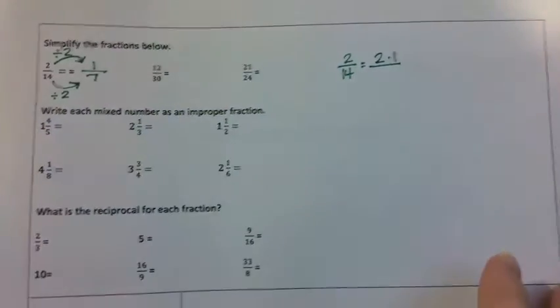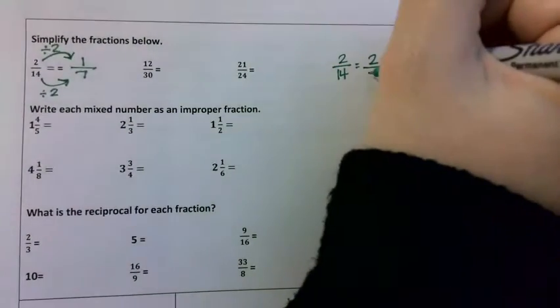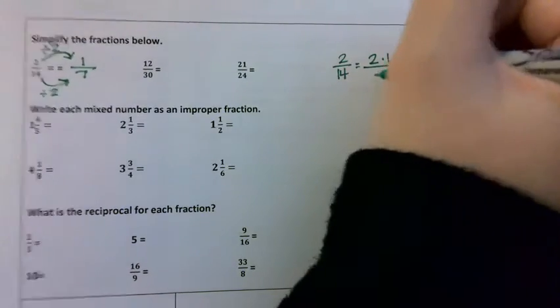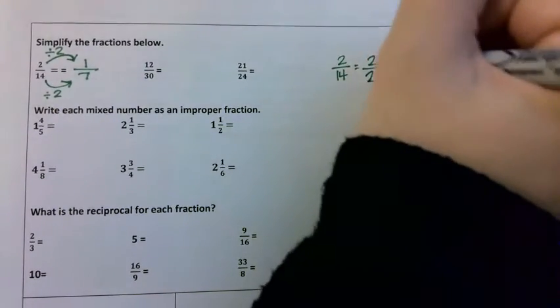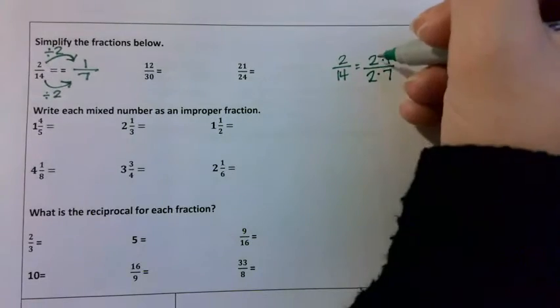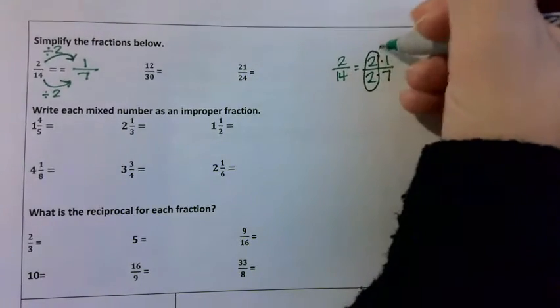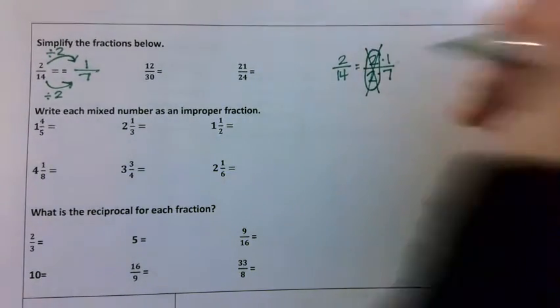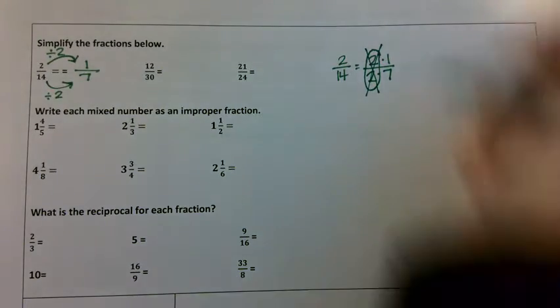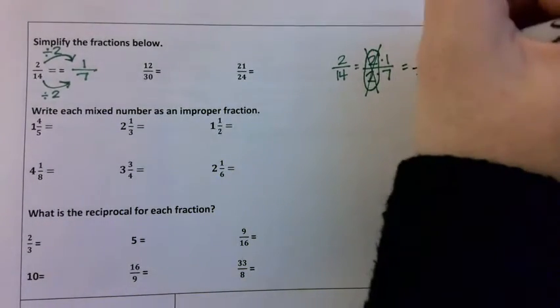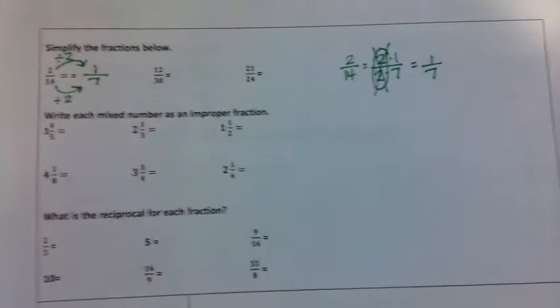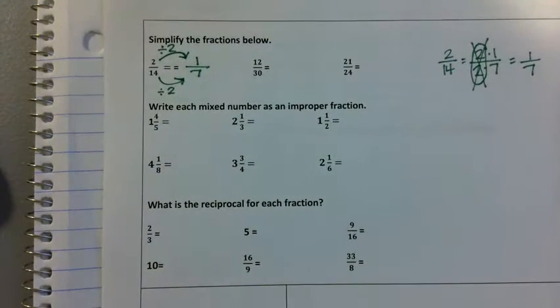So we just want to go ahead and try and use another factor other than the number 1. So I have 2 times 7. When I see what they have in common, I could actually cross that off, and I'm left with 1/7, which is 2/14 simplified. Okay, so there's a couple of strategies for you there for simplifying fractions.